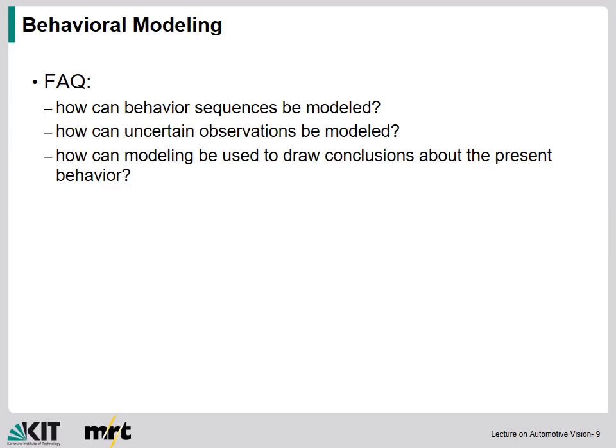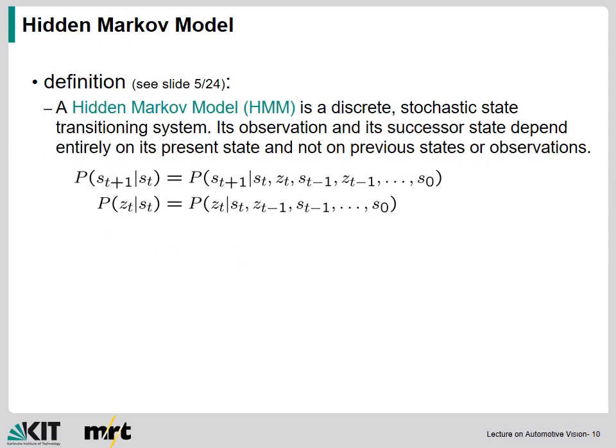There are several answers to this question from a scientific point of view. Here in the lecture we want to focus on hidden Markov models. Another alternative, which meanwhile has become also an alternative, would be deep learning methods, but in this case we stick to hidden Markov models. We already know what a hidden Markov model is.